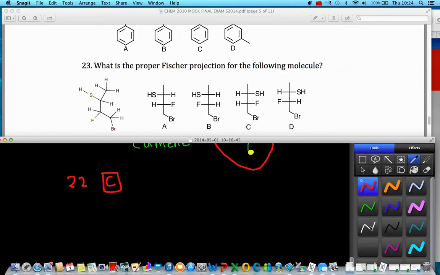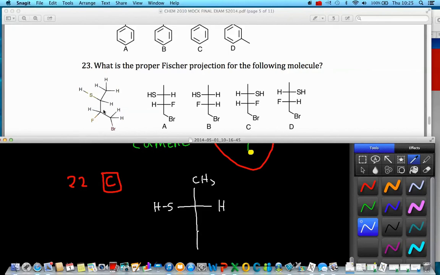That means on the first chiral carbon, we should have SH and H. On the horizontal axis, you have a CH3. So we can get rid of C and D at this point.